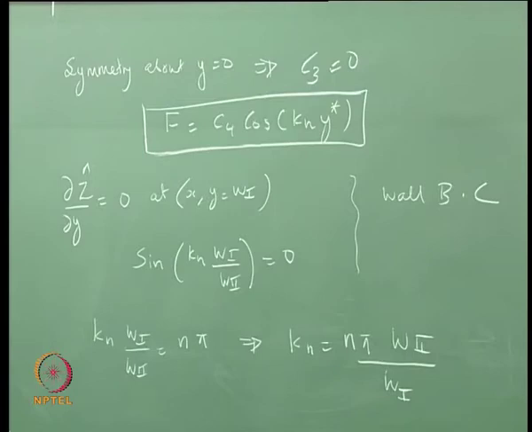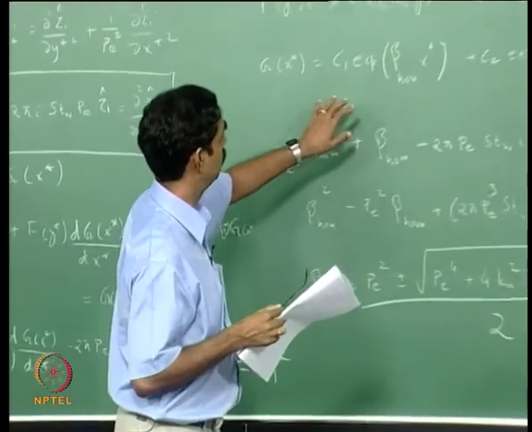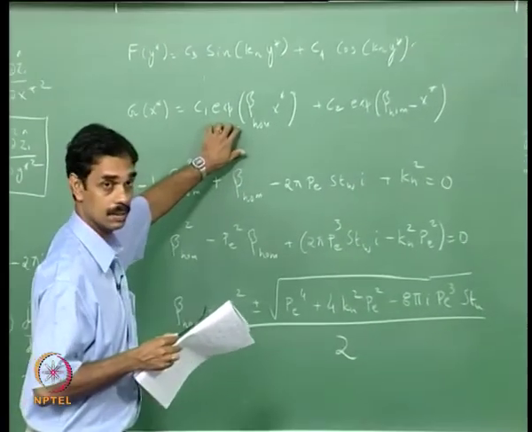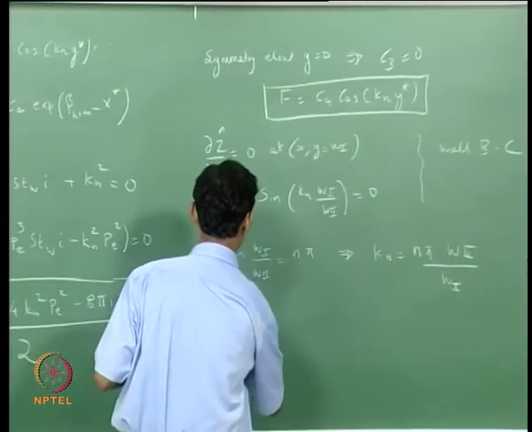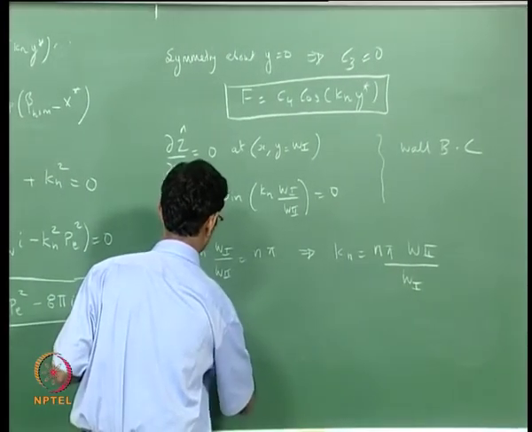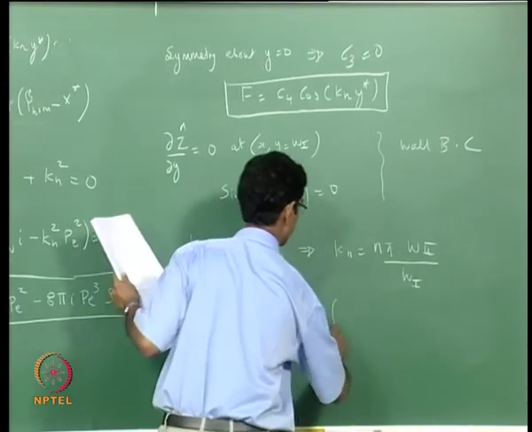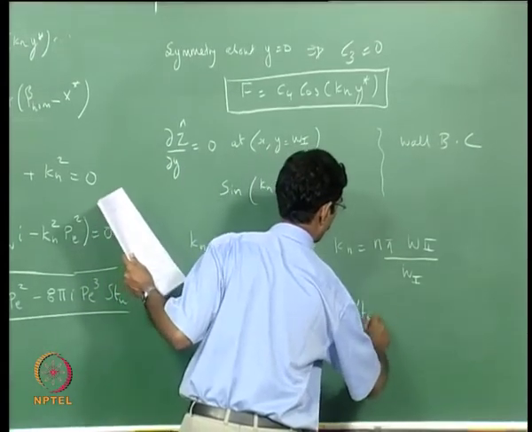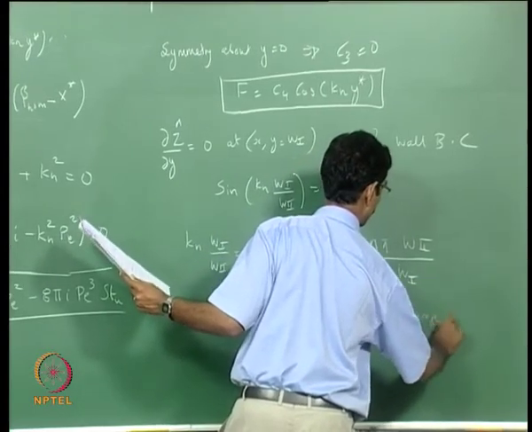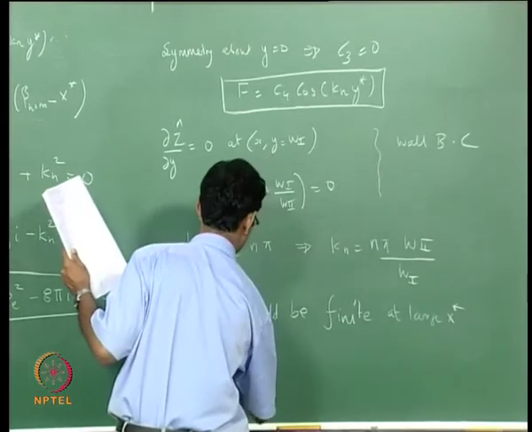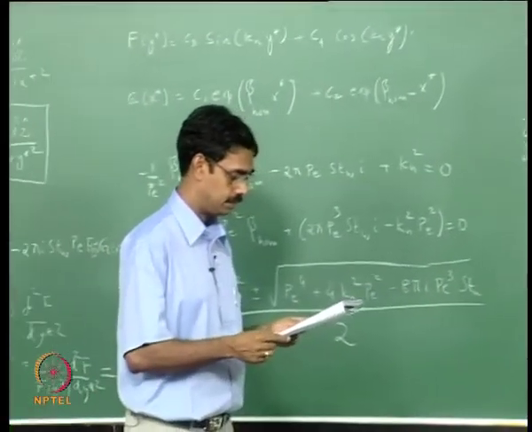We have to make sure that the solution remains bounded when x tends to infinity, so we have to remove this function, yeah, C1 is 0. Okay, so we are done with the problem.